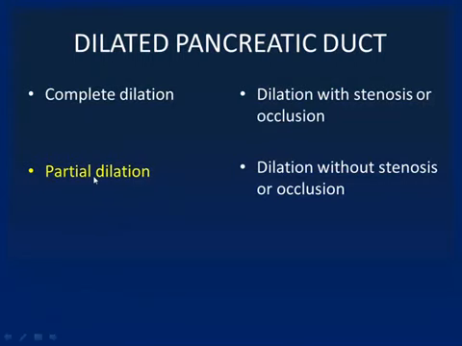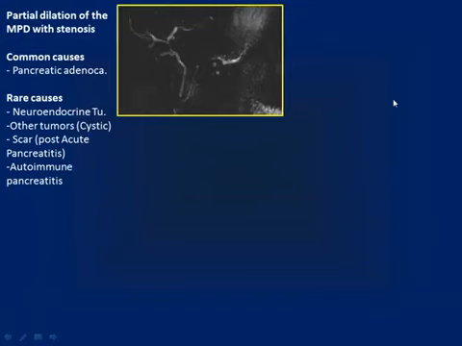Moving to the partial dilation with stenosis or occlusion, well, we have seen in the previous part that among common causes of partial dilation of the main pancreatic duct with stenosis we will find pancreatic adenocarcinoma, and of course this is the most likely possibility.